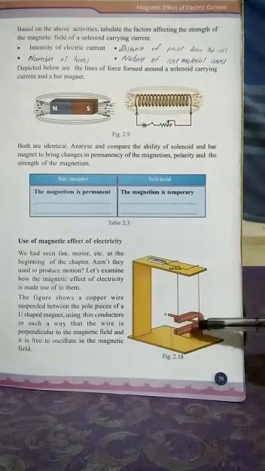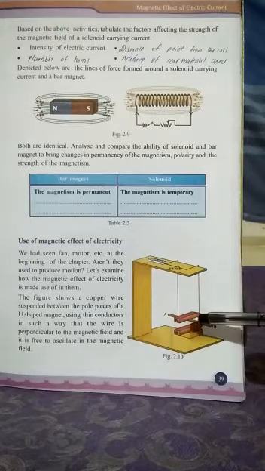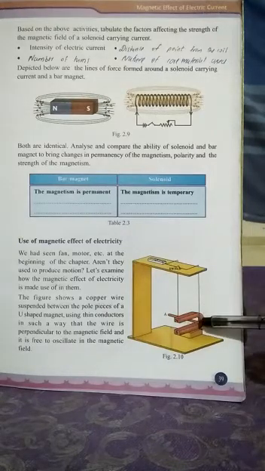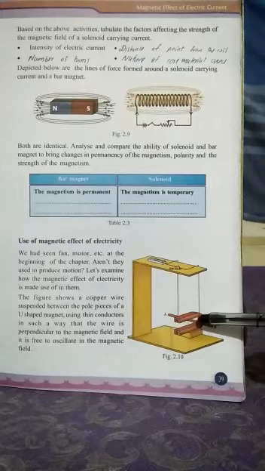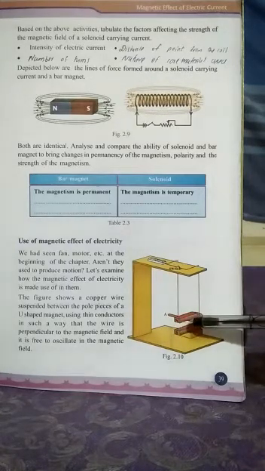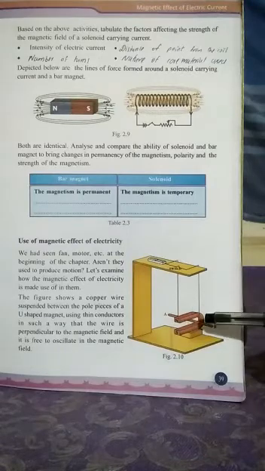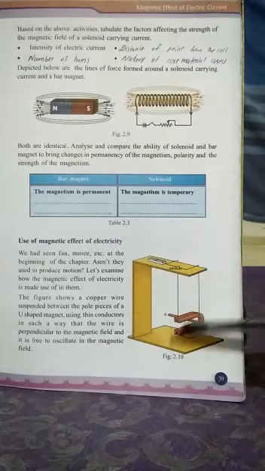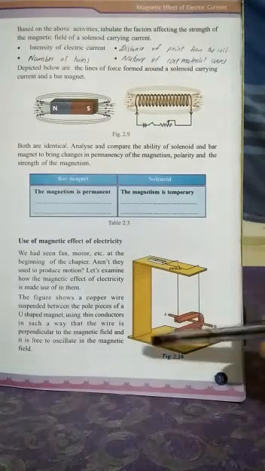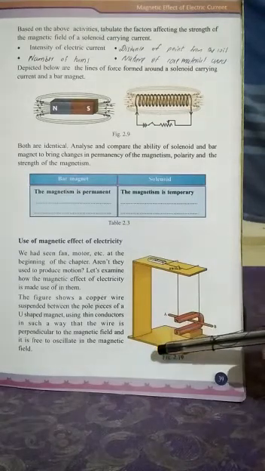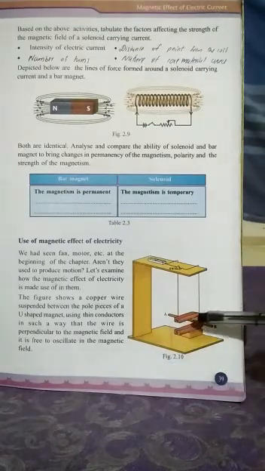You can notice that if the direction of current changes, the direction of motion of the conductor changes. It will be in the opposite direction from that of the first case. As the direction of current changes, the direction of force changes.